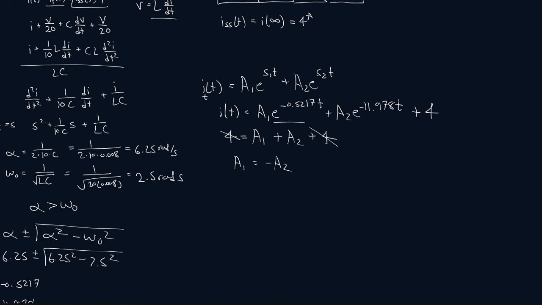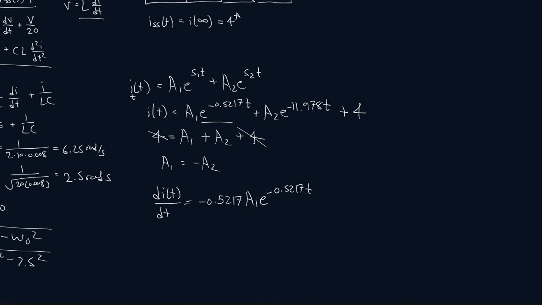So what we're going to do is differentiate I(t), and that gives me the following. And obviously this 4 is a constant, so it goes away.